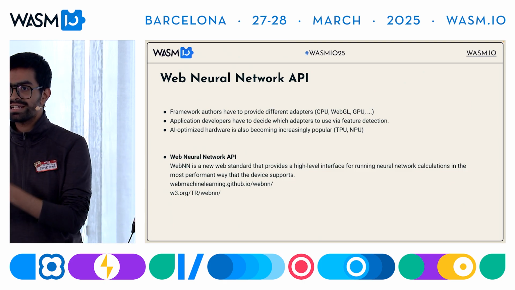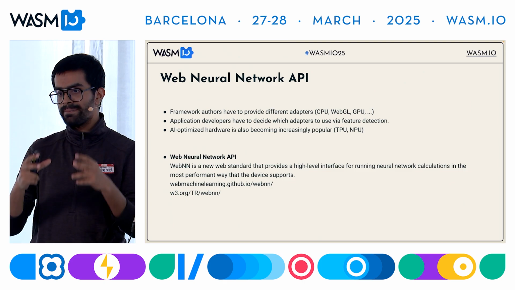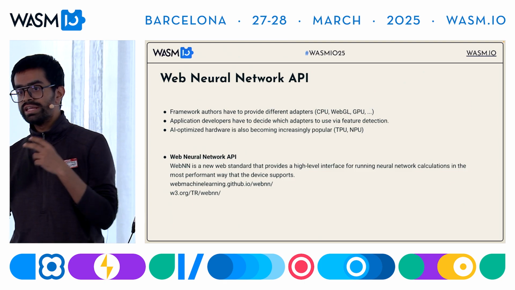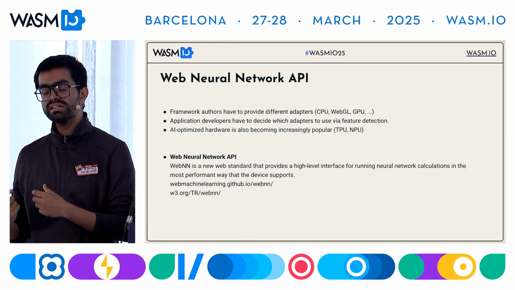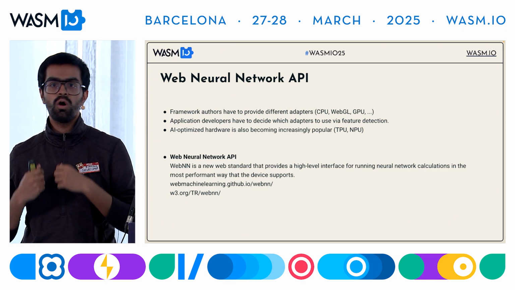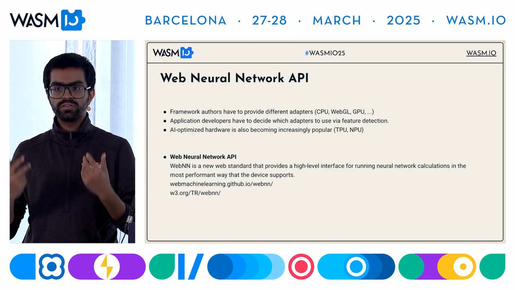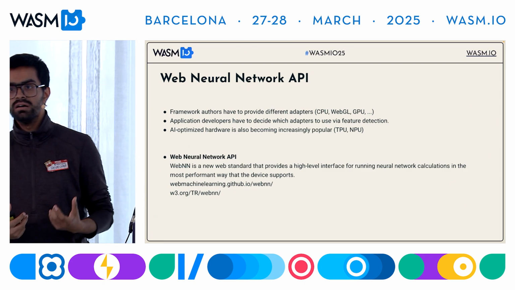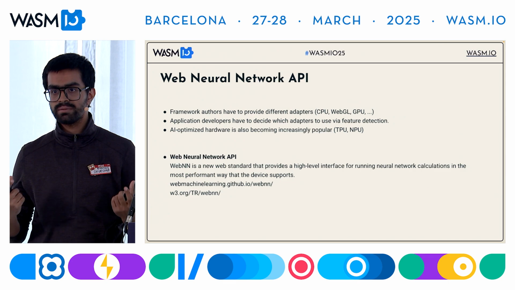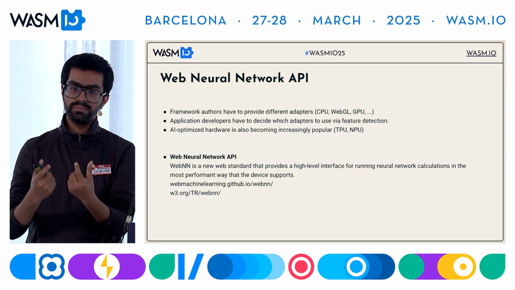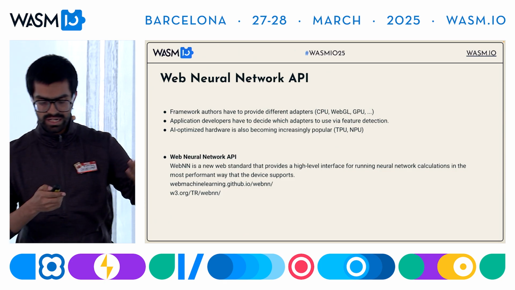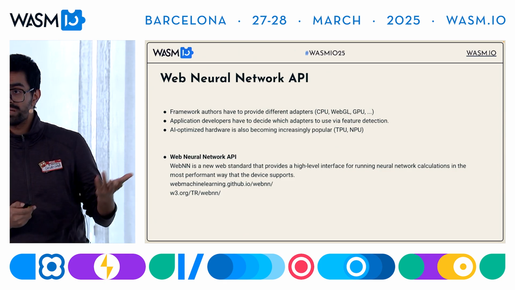And usually how that happens is that whatever application code you have written, you'll need to write custom ops. These are machine learning operations, whether it could be convolutional or matrix multiplication, because ultimately whatever operations are happening in your machine learning backend, these are all mathematical operations. So we need to write custom ops supported for WebGPU, WebAssembly. All of that can be handled with the help of the Web Neural Network API.